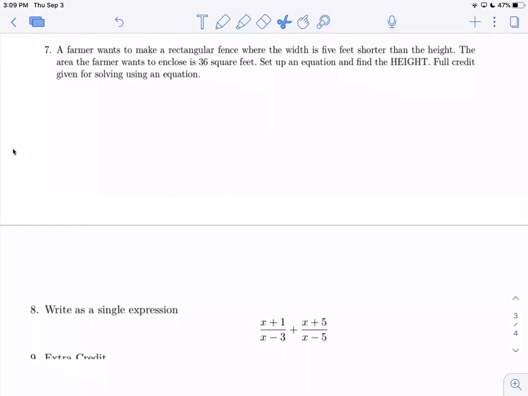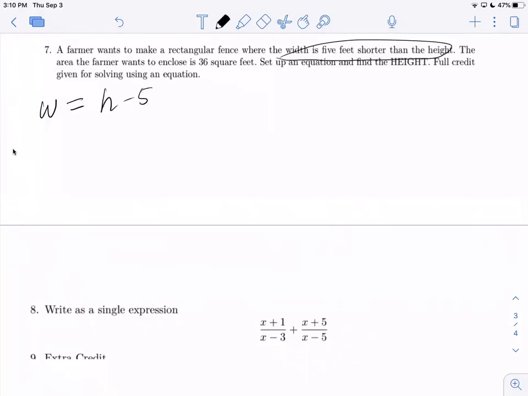I can do it. Yeah, go for it. Oh wait, is it both Allisons? Either one. Okay, I'll go. So what I first did was I did W, width, equals height minus 5, but then height times width equals 36. So then I plugged in, so I did H times (H minus 5) equals 36.